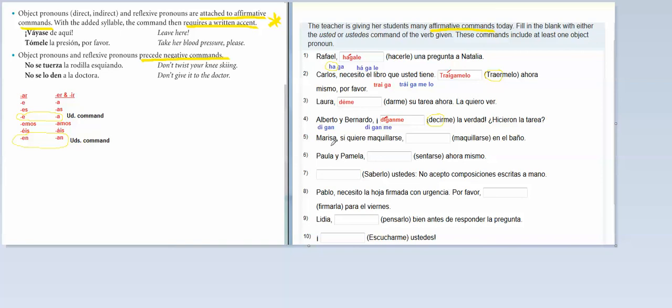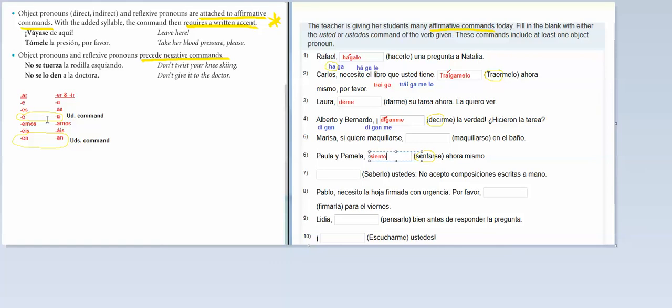Digan me. Okay, let's do Paula y Pamela sentarse ahora mismo. So sit down right now, okay? Sentar is an E to IE verb, so when I conjugate it, I'm going to conjugate it like this: siento.